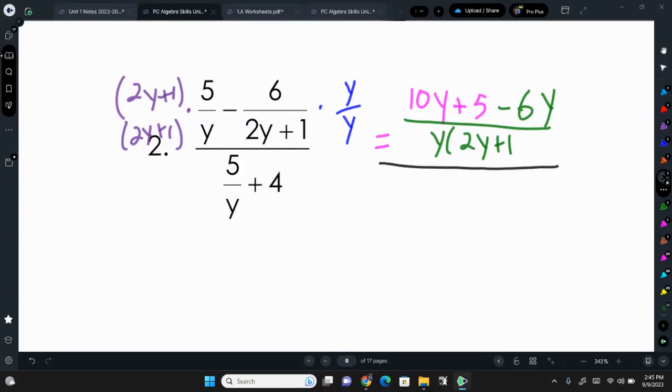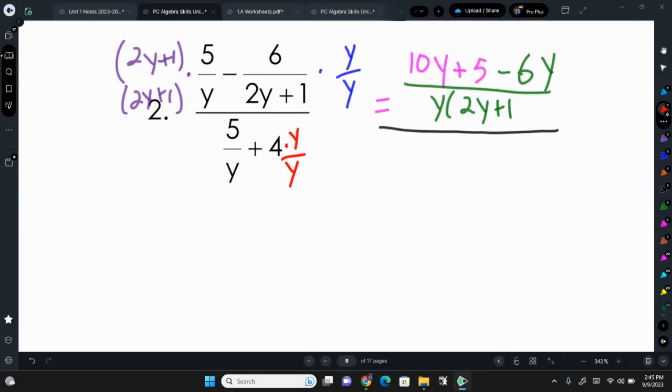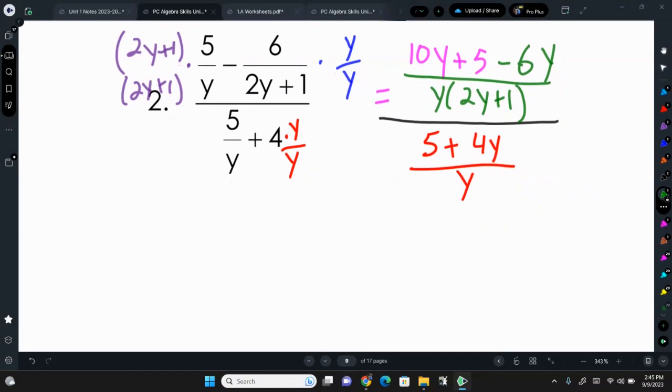Over, this one isn't as bad because we just have to multiply the 4 by y over y, because that will then give us 5 plus 4y over y. So now we can combine our like terms and then multiply by our reciprocal.